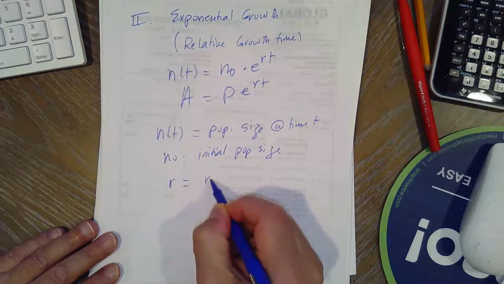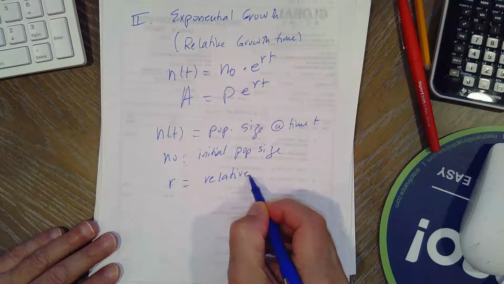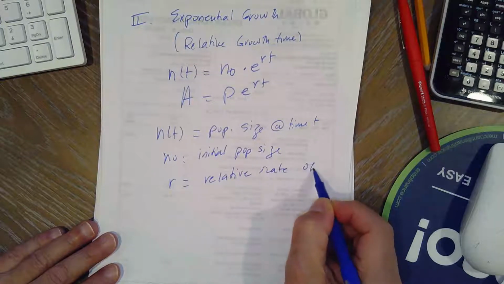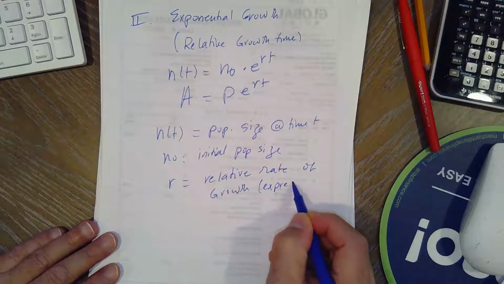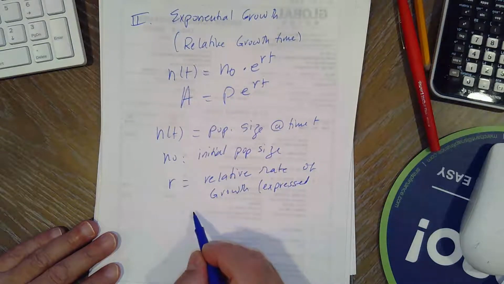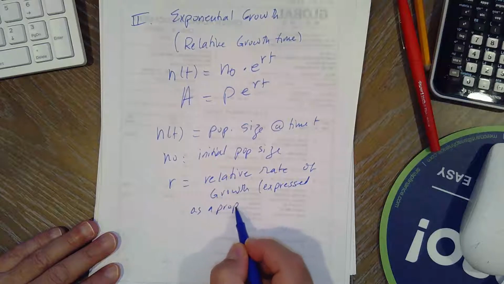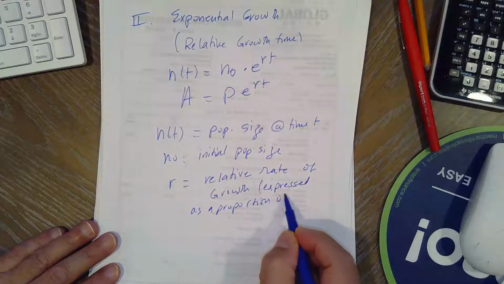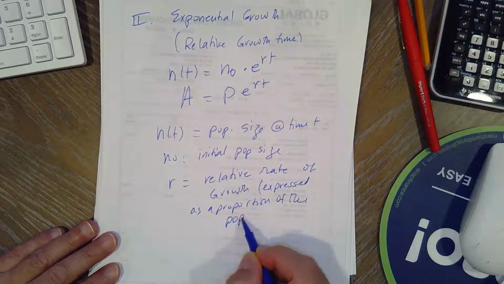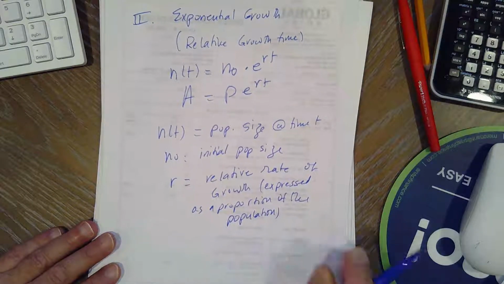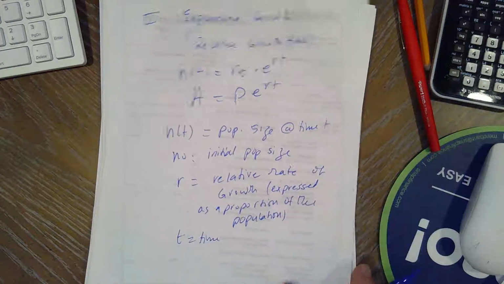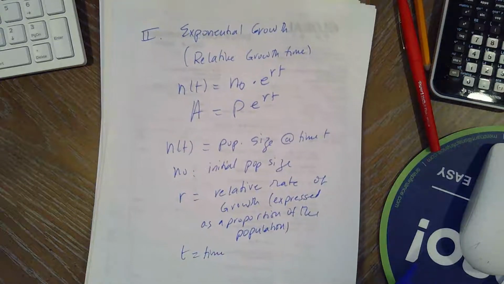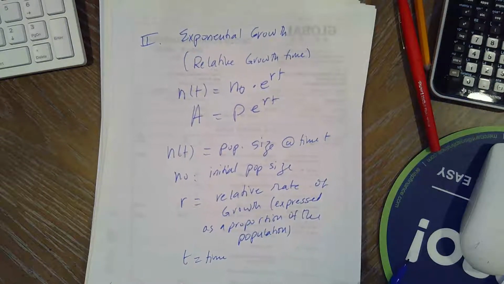R is the relative rate of growth, which is expressed as a proportion of the population, and t is time. So there's no doubling time, okay? It's the rate of growth. In terms of money, it's the interest rate, okay?